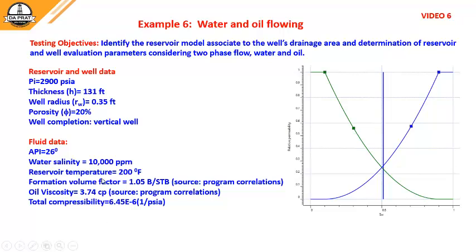Once you have your value for the initial pressure, which probably is something you have to find out from the analysis here, there are many cases where you can have this information from formation testers. What I'm trying to say is that once you have your initial pressure and the temperature, you can get from correlations formation volume factor and oil viscosity, for example.